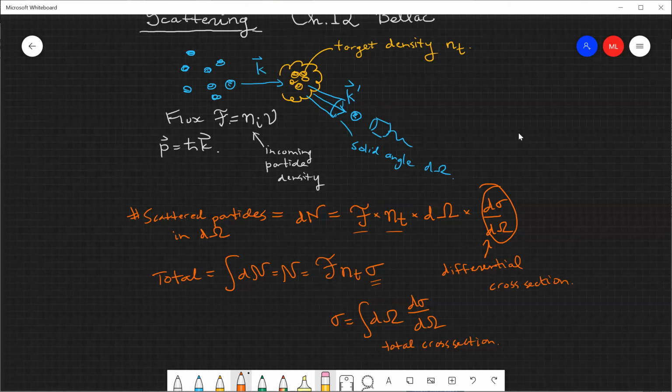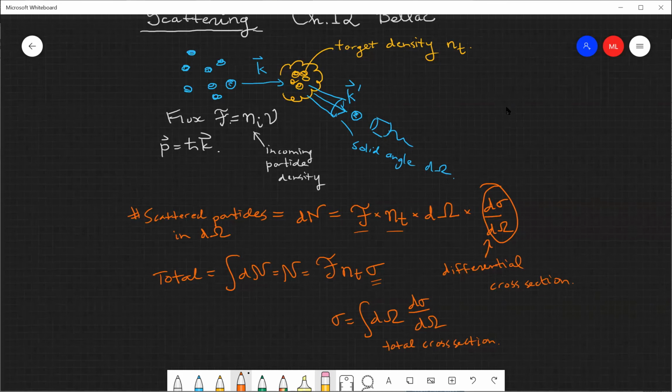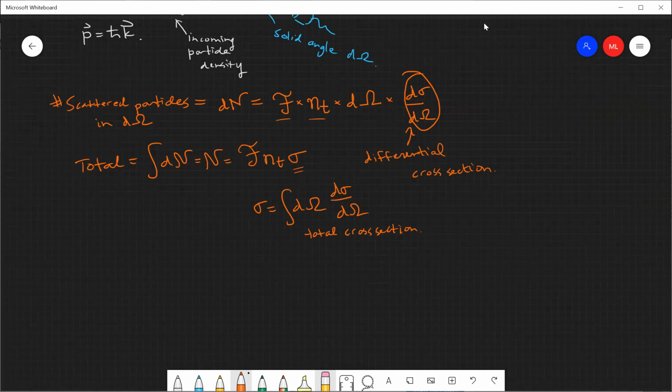And we can use the rate as a way of calculating the number of particles that get scattered as well.